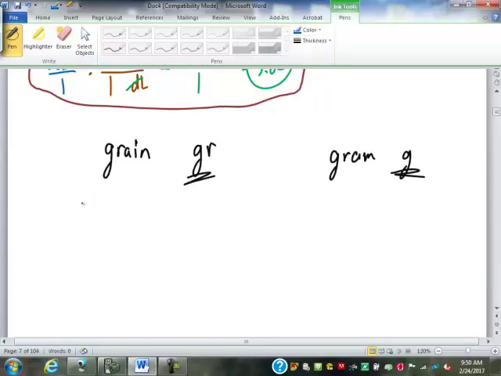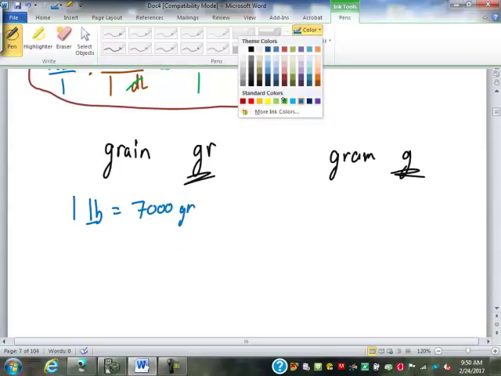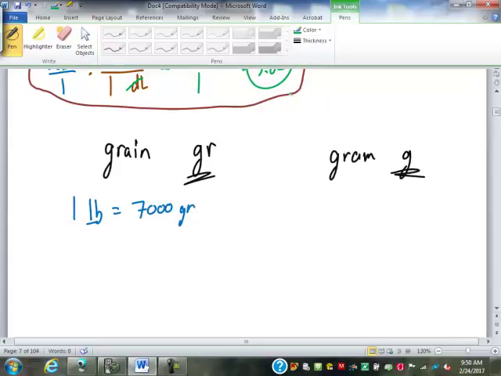Remember we had said before that 1 pound was 7,000 grains. And that was used for measuring out that powdered medication. Because that was so set in the medical system, they absorbed that into the metric system for medical purposes.